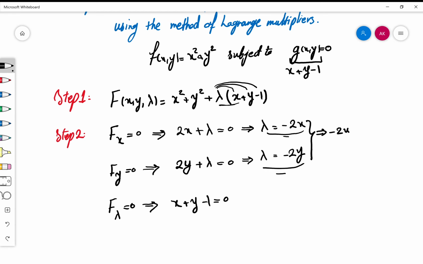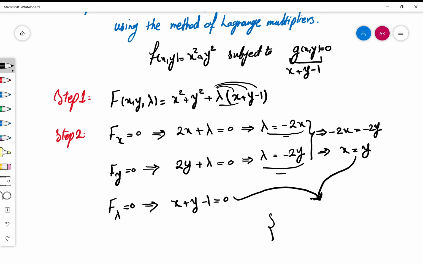That means that negative 2x is going to be equal to negative 2y, so x needs to be equal to y. We haven't solved the equations because now I just have another equation, and I need to consider the constraint, the third equation, put them together and solve.